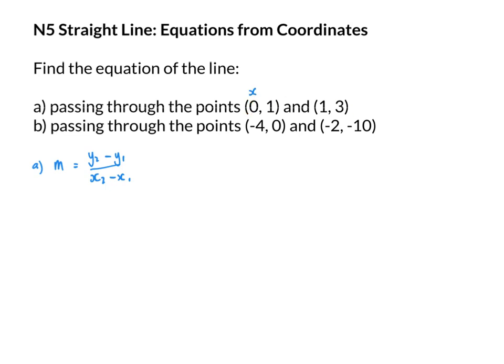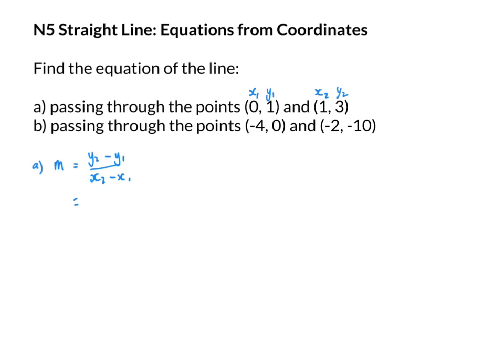So x coordinates come first, so I'll say that's x1 and that's x2. Y coordinates are always the second one, so I'll call that y1 and y2. By doing that, I know exactly what numbers I'm going to put into my formula and where I'm going to put them.